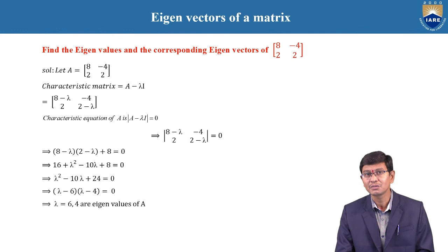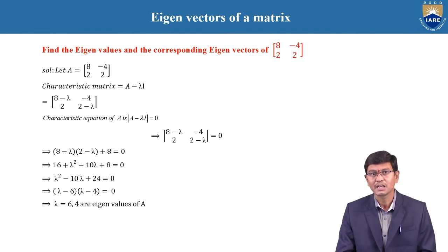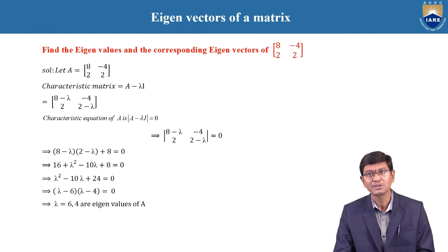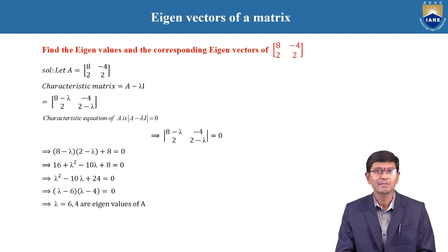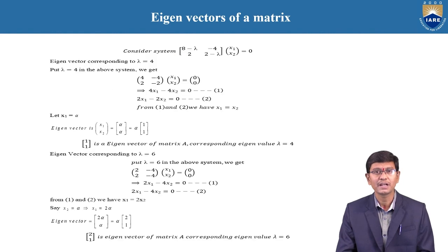This is without using the shortcut method, that is lambda cube minus S1 into lambda square plus S2 into lambda minus S3 is equal to 0. This is by using the determinant process. While you are using the determinant process, this equation is lambda square minus 10 lambda plus 24 is equal to 0. Here, by solving this equation, you obtain lambda is equal to 4, 6 only.